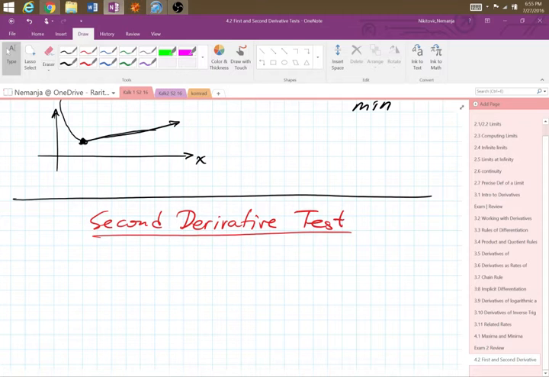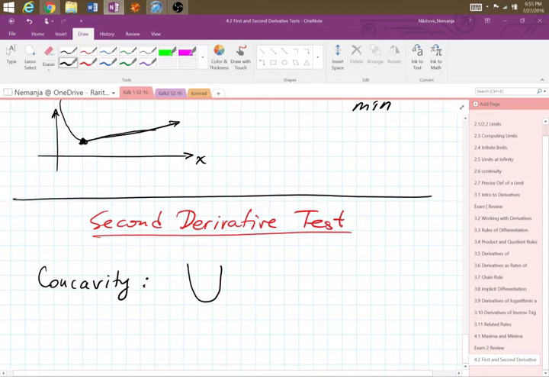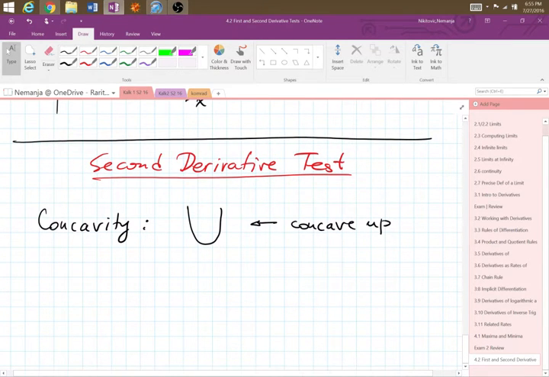What is concavity? Well, let's first talk about concavity. Concavity looks like this. This shape, the entire shape, is concave up. Think of it as holds the water, all right? And this shape is concave down. Spills the water.